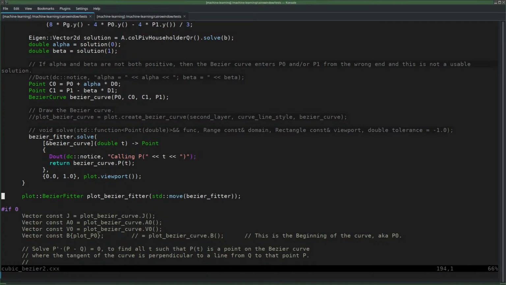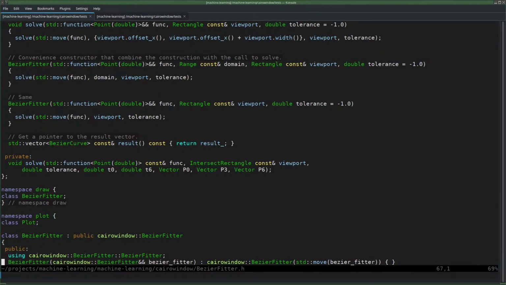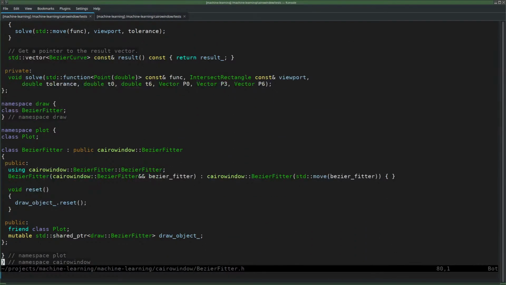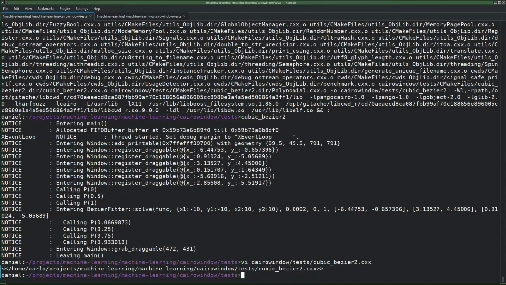I think I'm just literally not plotting it. The thing is being constructed, but we still have to add it to the plot. So now I created a plot Bezier fitter, and I have to do something with that, I think. Let's just look at existing code.